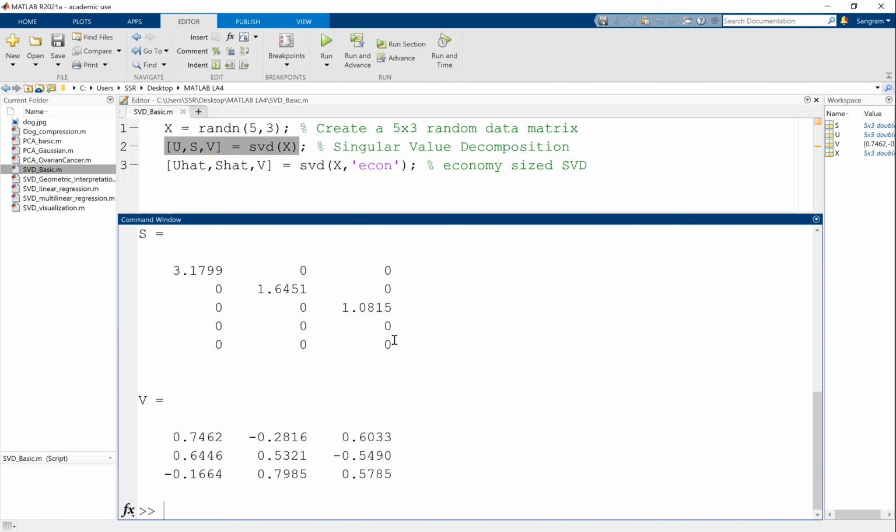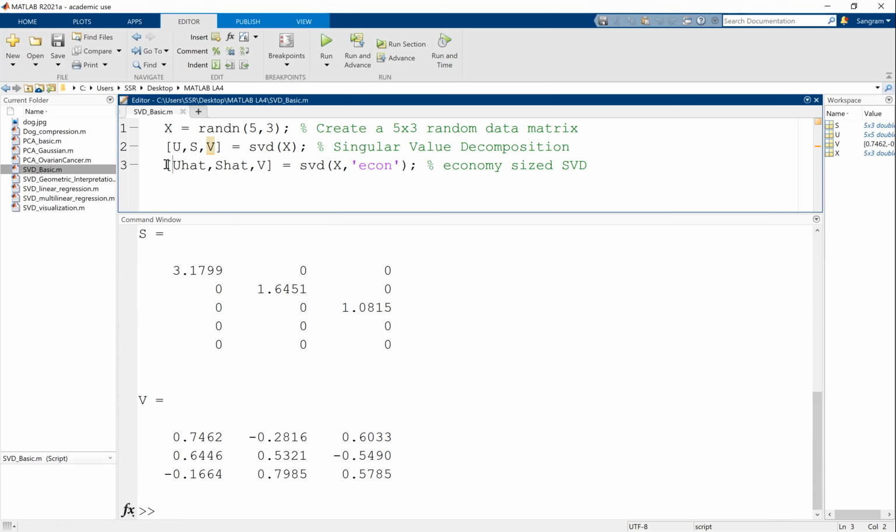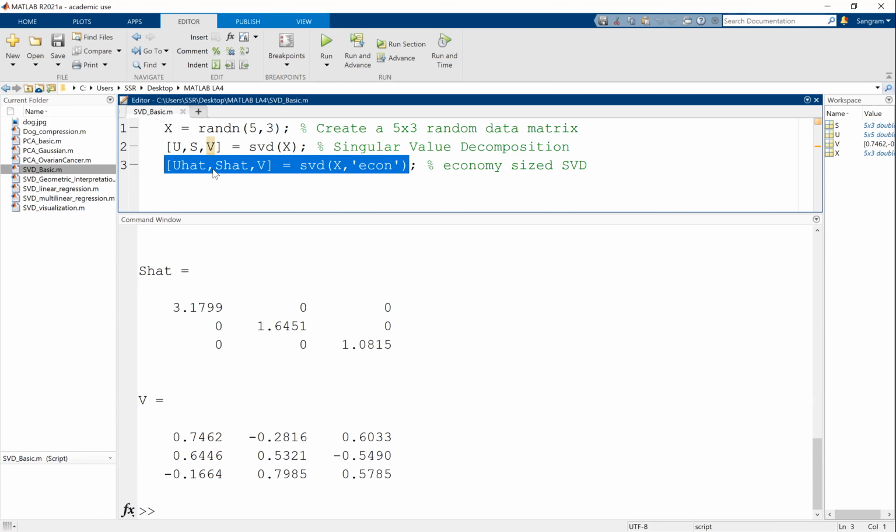So how do we achieve that? There is a Matlab command for economy sized SVD. Matlab is smart. As long as you add econ, then see what happens. Right click, evaluate.